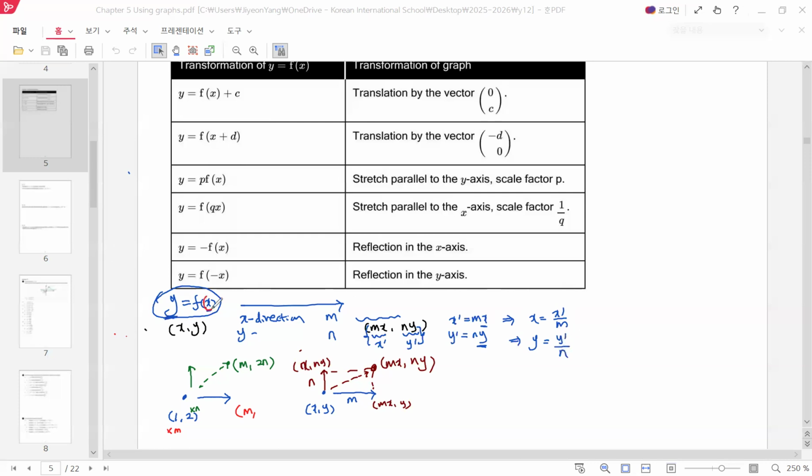Then you can write, instead of x, this one. Instead of y, because they are the same, you can write this one. Then the new equation is going to be y' over n equals f(x' over m).